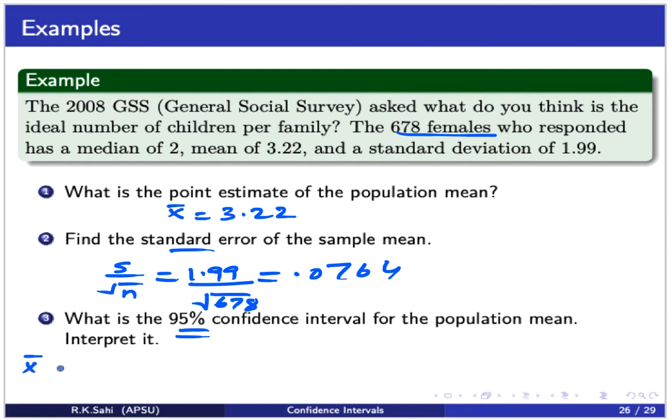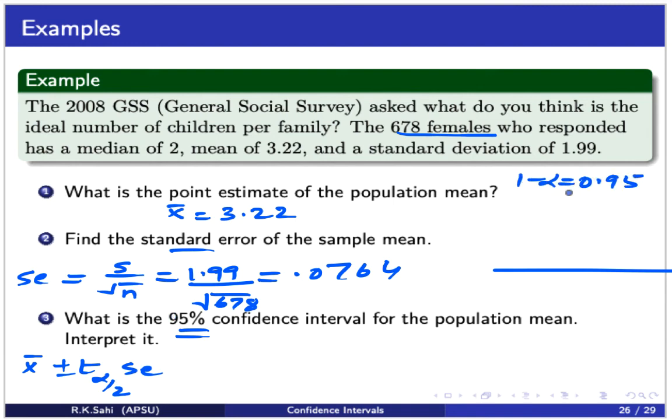Now what is the 95% confidence interval? Remember, it's x bar plus minus t alpha by 2 times the standard error, which is this. So we only have to find t alpha by 2. Now, what is my alpha? The confidence level is 95, so 1 minus alpha is 0.95. Alpha is 0.05. Alpha by 2 is 0.025.